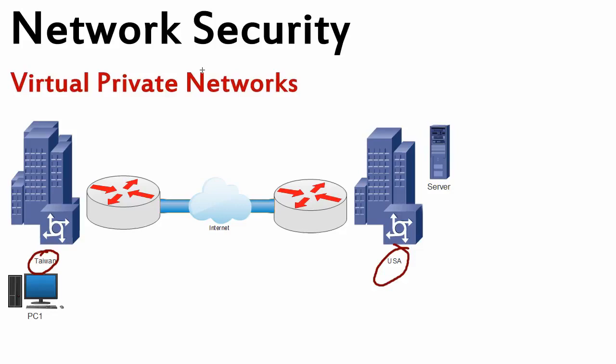You want to make sure that PC1 can download or send a message, doesn't matter, to or from this server in a secure way. What we mean by that is we want to make sure that nobody can look at our message, or to be more specific, cannot figure out what's inside, because we can't really prevent that.